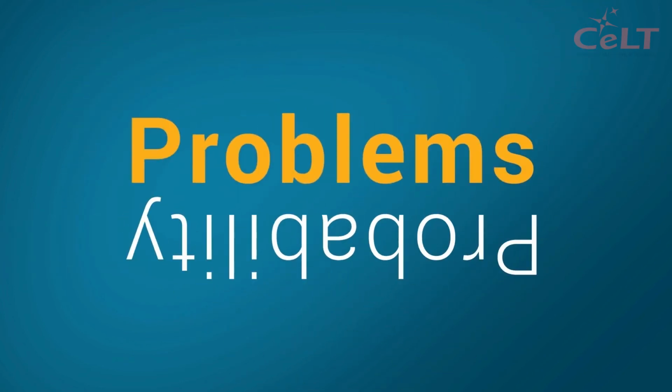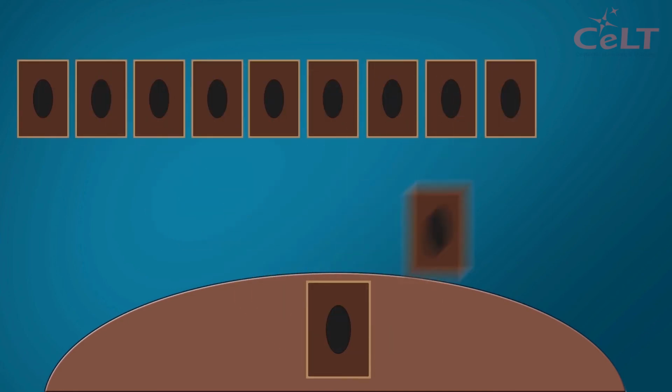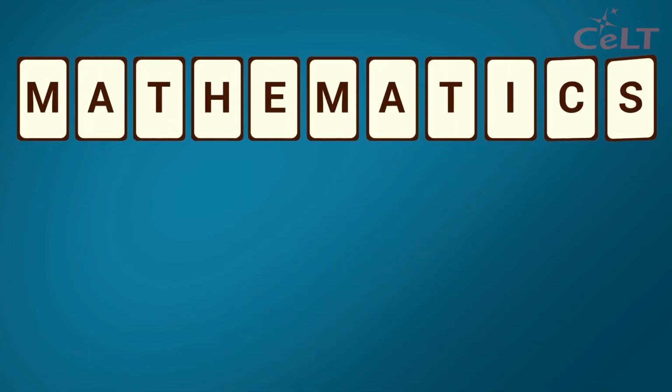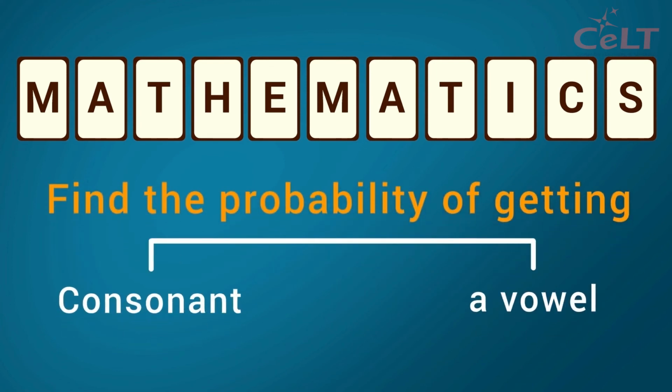Probability problems. A letter is selected from the word mathematics at random. Find the probability of getting 1. A consonant, 2. A vowel.